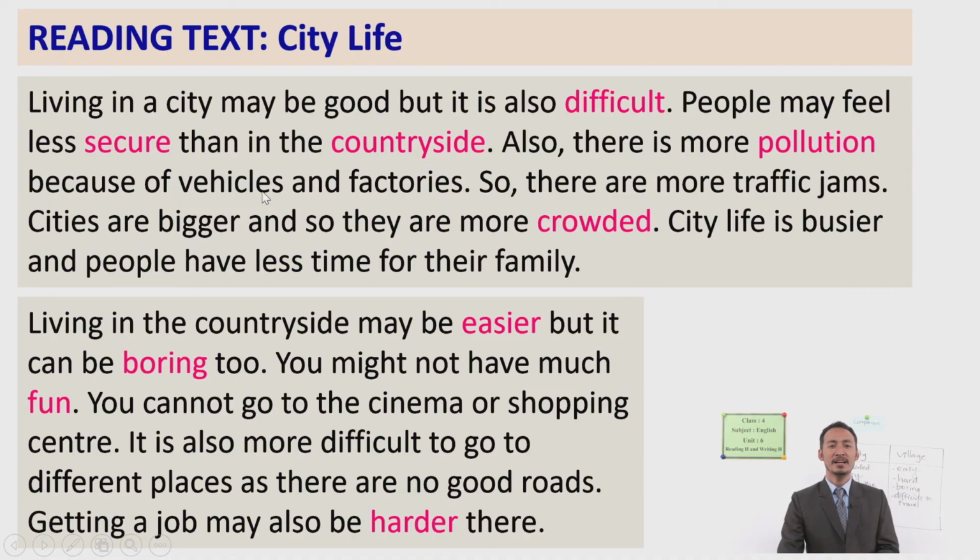Yes, vehicles and factories. Vehicles means buses, cars, motorcycles, motorbikes, and factories are the small industries that produce things, for example, biscuits, clothes. These are factories. They produce different chemicals and they produce sound and so on, right?